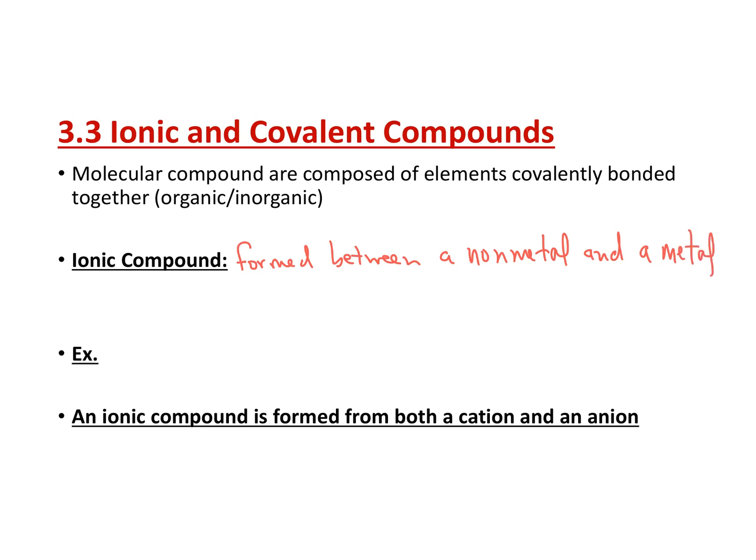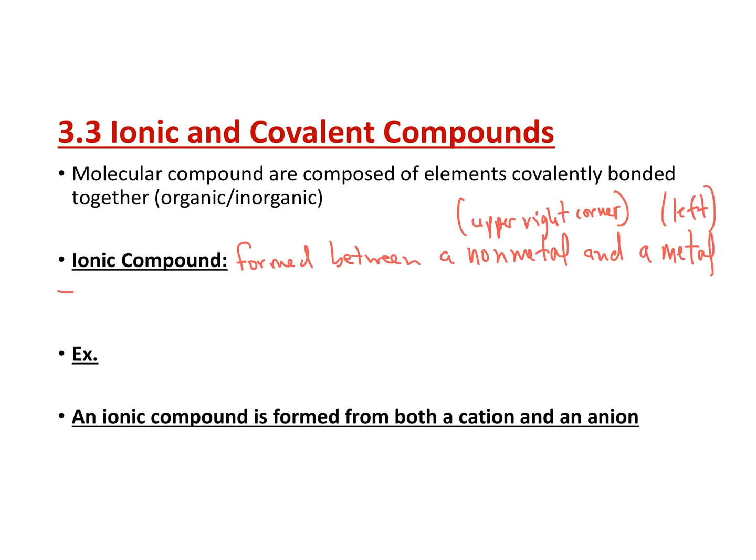And so in this case, you've got something from the upper right of the periodic table and the left side of the periodic table. Right in the far left, we have our metals, and the upper right-hand corner, we have our nonmetals. So an ionic compound is formed between a nonmetal, which is found on the upper right-hand corner of the periodic table, and a metal, which is the left side of the periodic table.